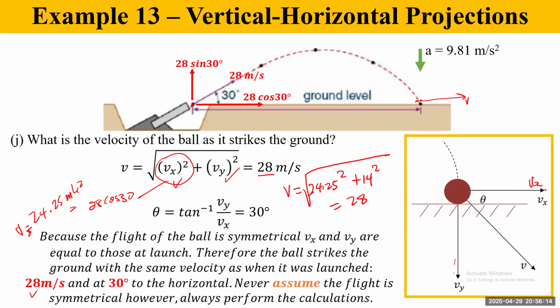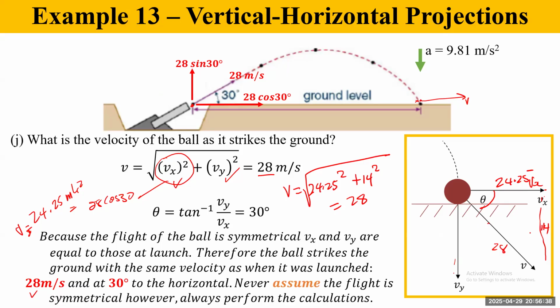So that is 28, and if it asks you at what angle it hit the ground, it's just Pythagoras theorem. You have Vx and you have Vy coming down. So this is 28, this is 14, and this is 24.25.